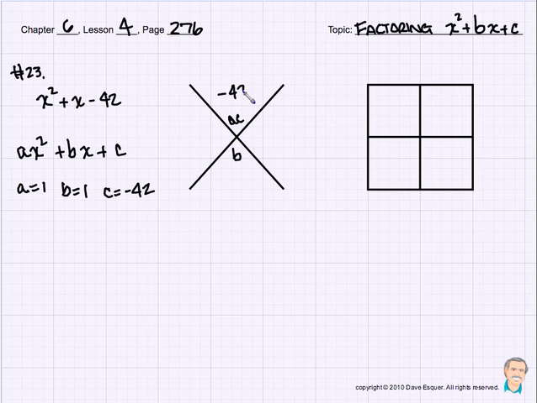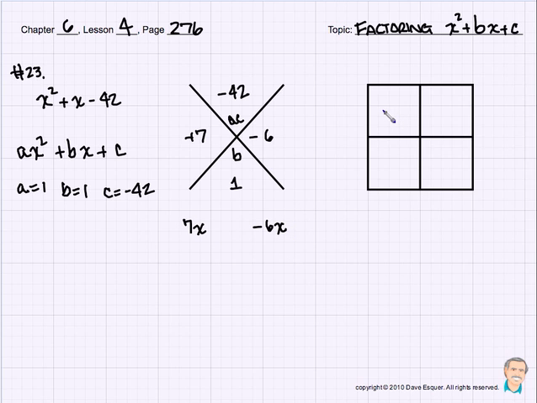So we're looking for a negative 42 up top, and we're looking for a 1 down below. So the question we need to ask ourselves is, we're looking for the product of two numbers whose answer is negative 42, plus 7 and a minus 6, and yet their sum is a positive 1. So our factors look like 7x and minus 6x.